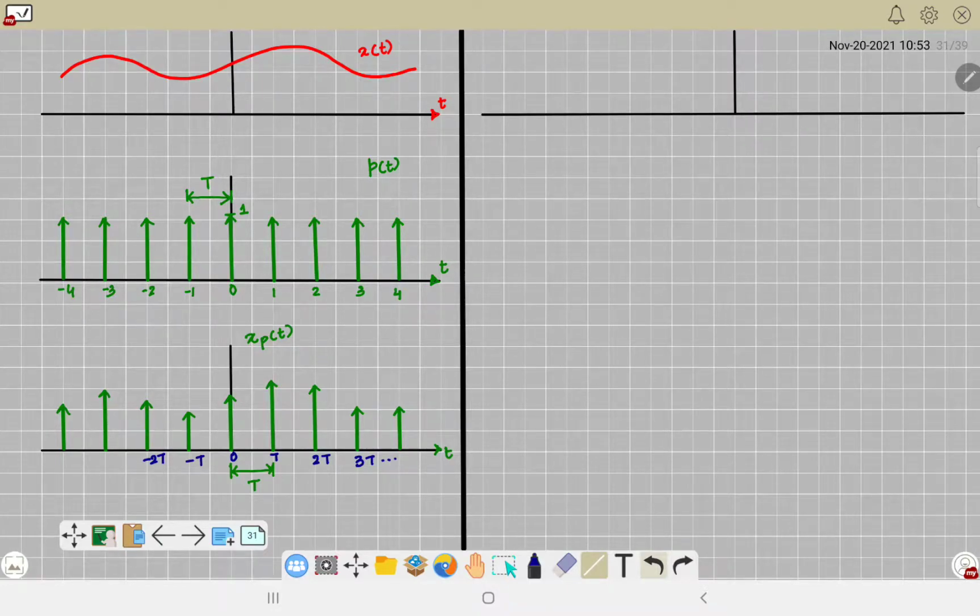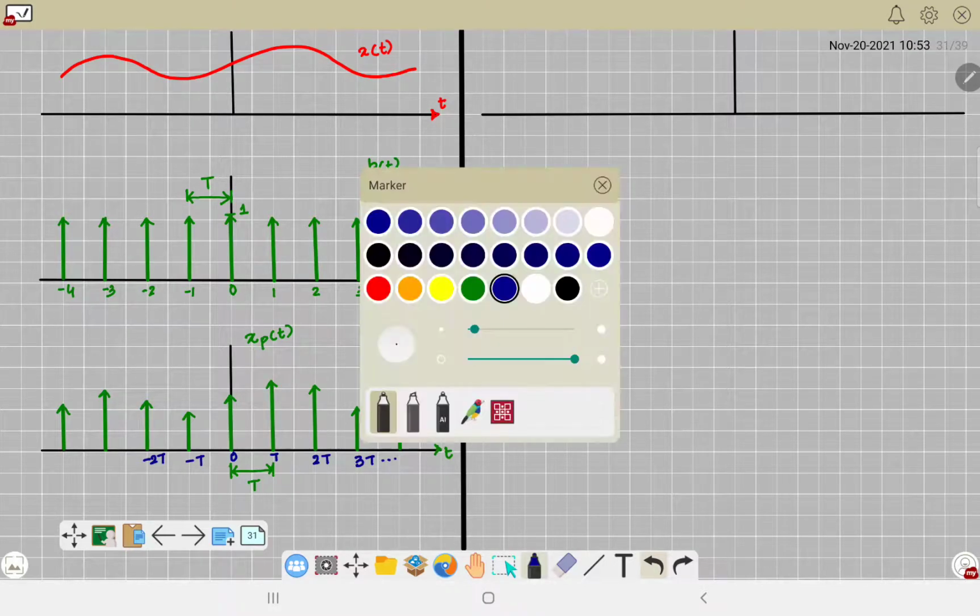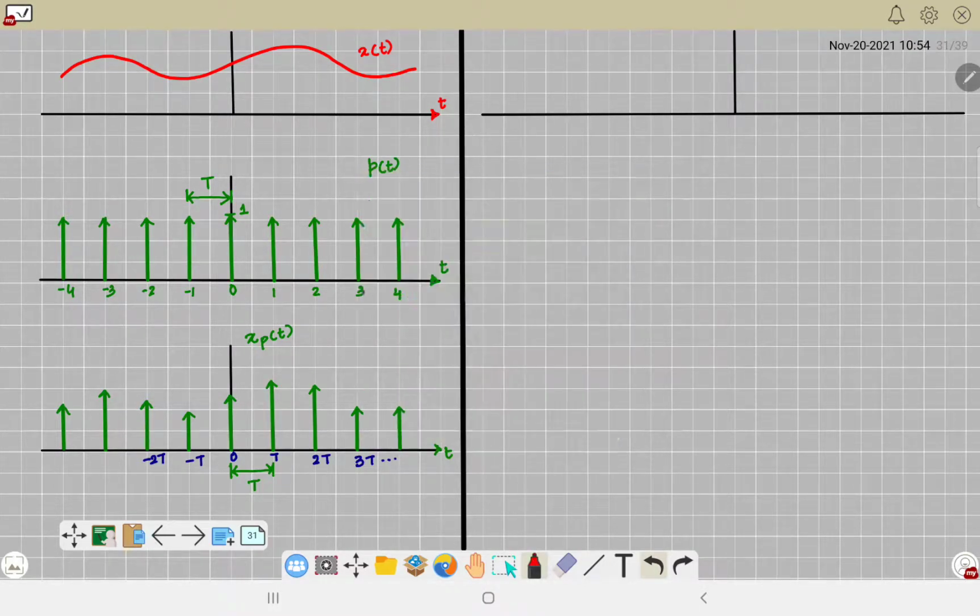It is a typical signal frequency representation of x of t. And let's take a typical value that it has a band of frequencies, something like this.